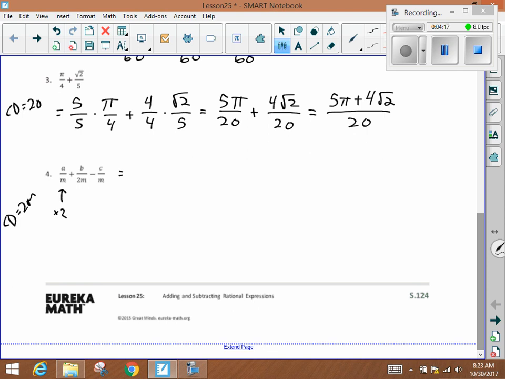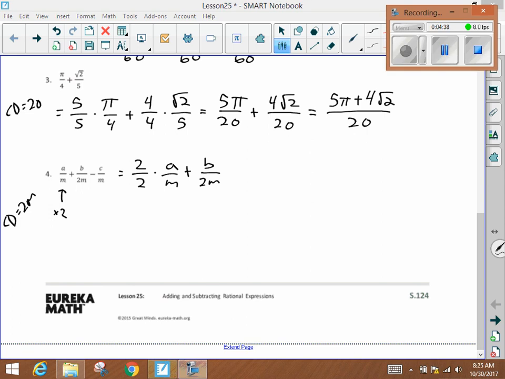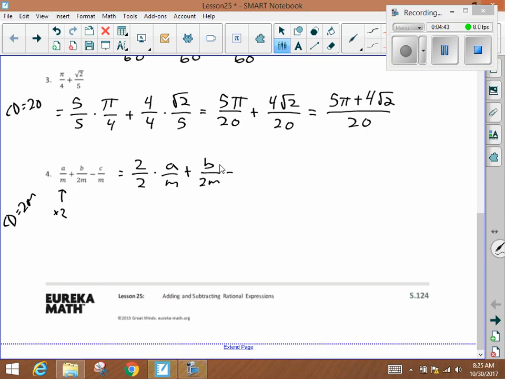So that means that if I need to multiply the denominator by 2, we got to be fair and multiply the numerator by 2 as well. In this case, that second term, b over 2m, okay, so that one doesn't need to be multiplied by anything, and in order for this one to be c over m, I'm going to have to multiply it by 2, which means I need to multiply both my numerator and my denominator by 2.